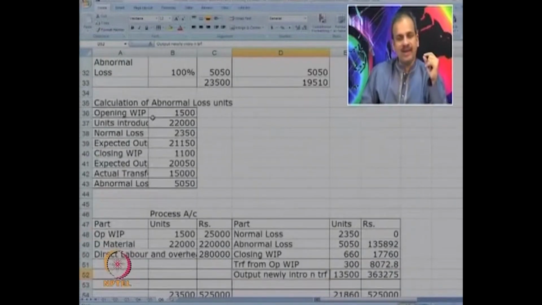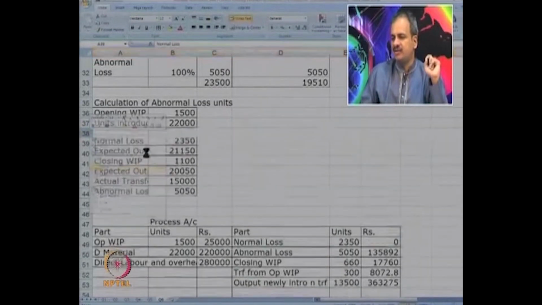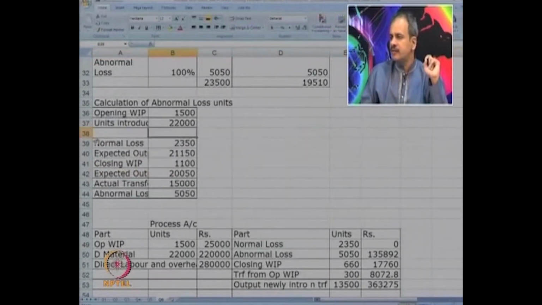Now take a look at the calculation of abnormal units to see that all units are properly accounted. Our opening stock was 1500, units introduced were 22,000. If you take the sum here, we have 23,500 units.